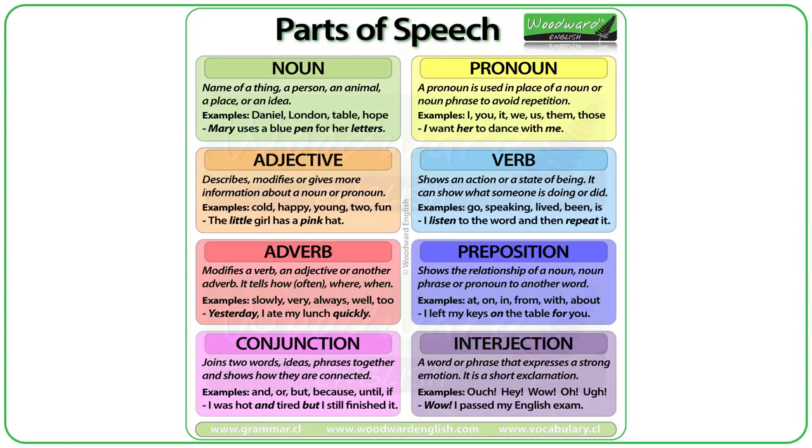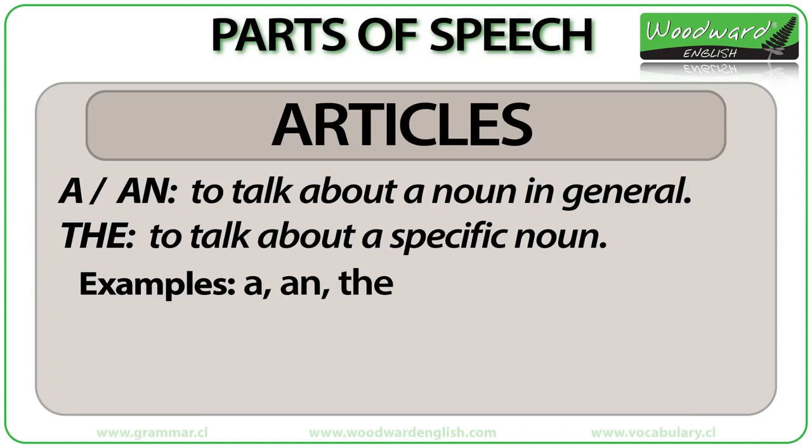This class is called articles. The articles in English are a, an, and the. Articles help to define nouns. A and also an are used to talk about a noun in general. The is used to talk about a specific noun.